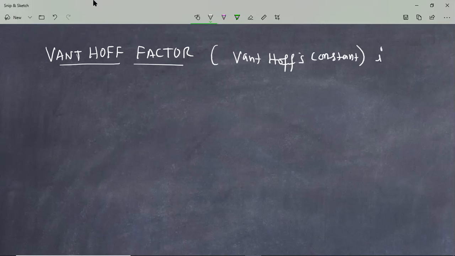Its symbol is i. This factor expresses the extent of dissociation or association which certain solutes undergo in solution.